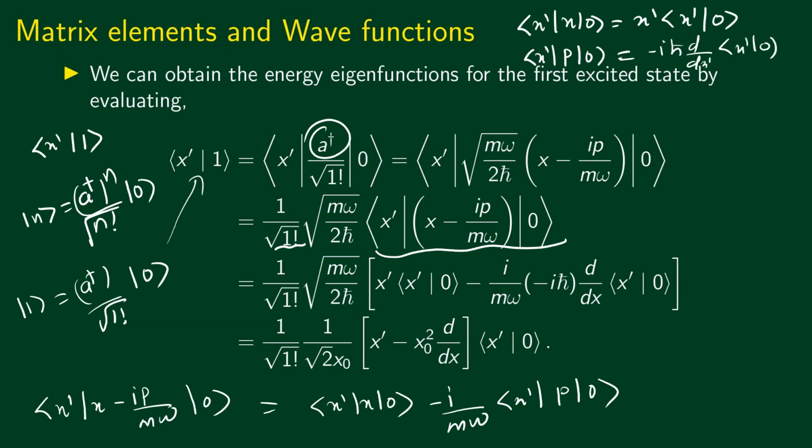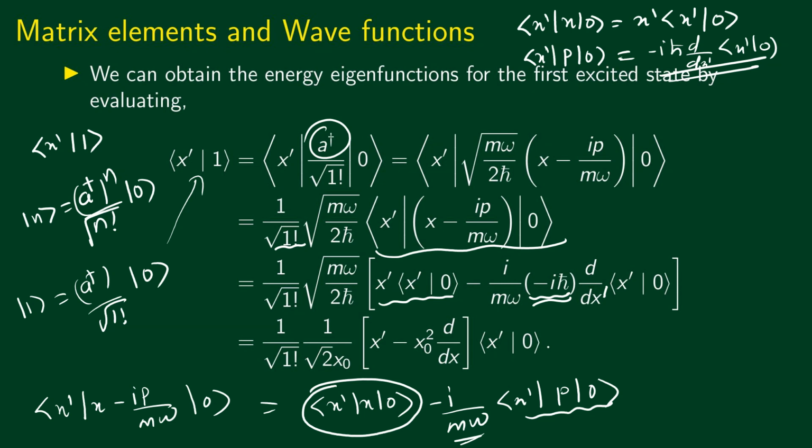So this term is written as x prime multiplying bra x prime ket 0. That's what we have here. And here we substitute minus i h bar d by dx prime of bra x prime ket 0. It becomes minus i divided by m omega, which is already there, and the rest of it is minus i h bar d by dx prime bra x prime ket 0.